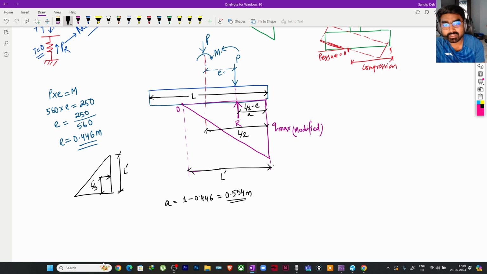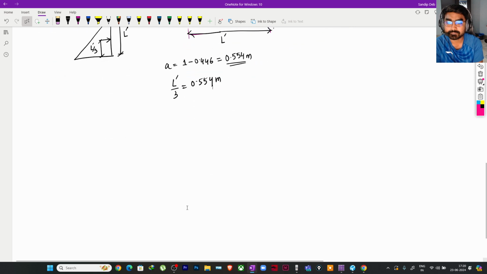And we got this value, so L dash by 3 is equal to 0.554 meter. From that, can we find out the L dash value? So L dash equals 3 multiplied by 0.554.